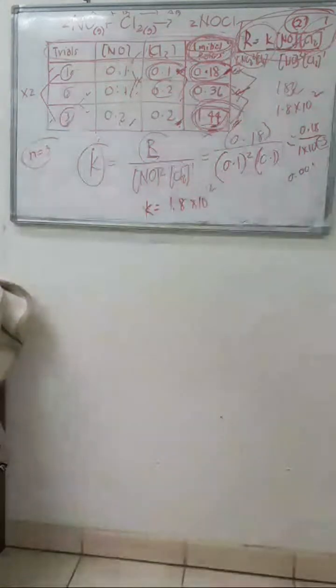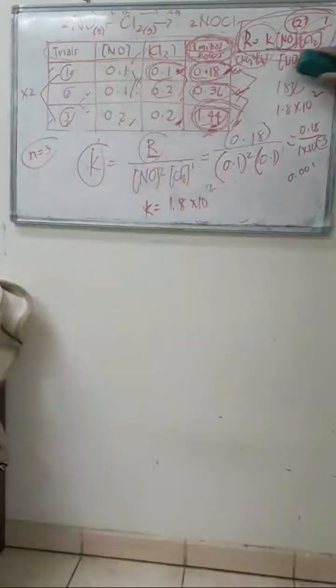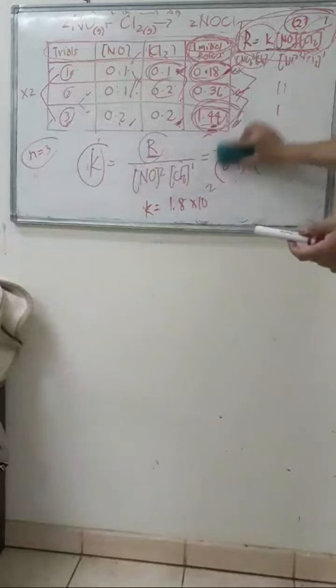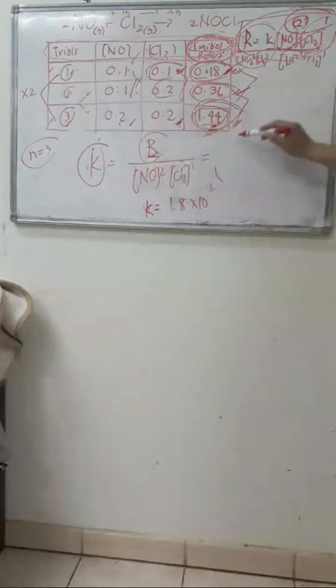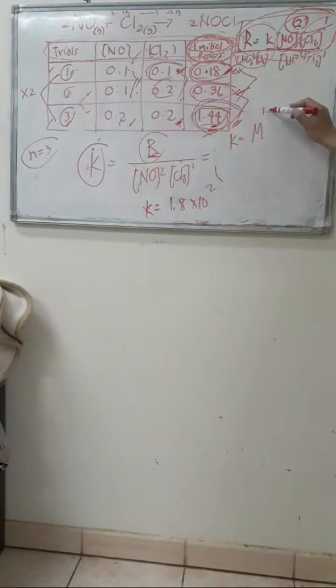Let's use the standard formula for the rate constant, which you should memorize all throughout your career, in your five years of engineering, specifically chemical engineering or BS Chemistry. So k is equal to capital M raised to the power 1 minus n, to the negative 1.